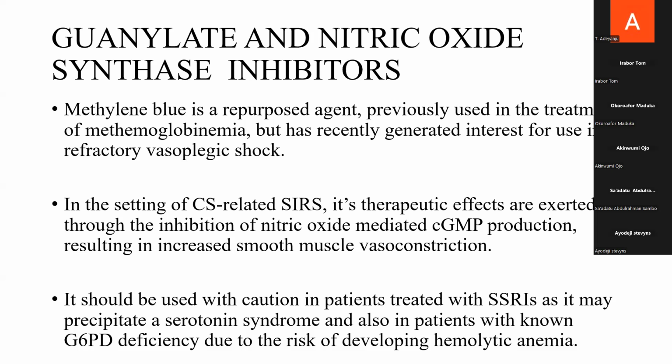But you have to be very careful with patients who are being treated with SSRIs, as it may precipitate serotonin syndrome, as well as patients who have G6PD deficiency, because they are at risk of developing hemolytic anemia.